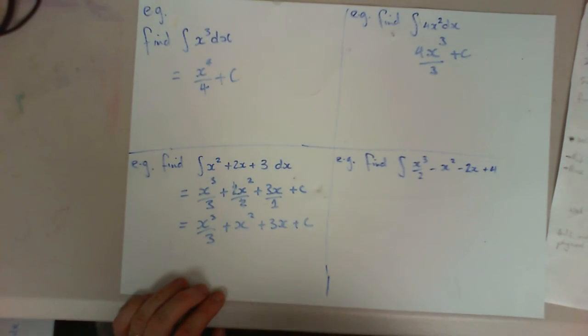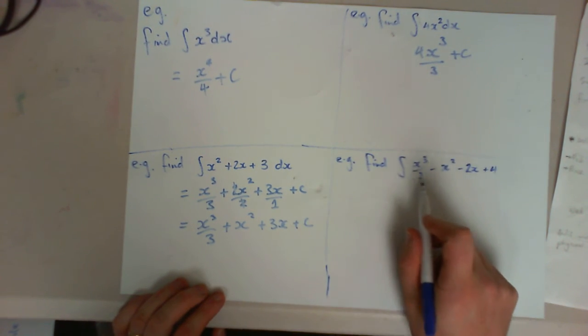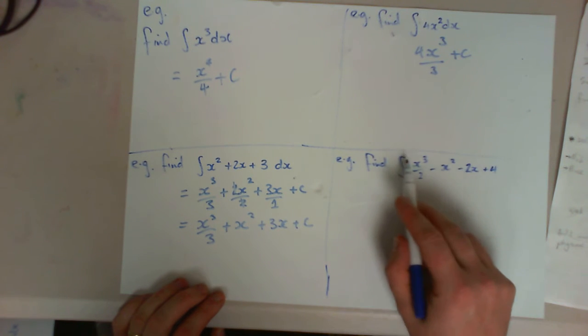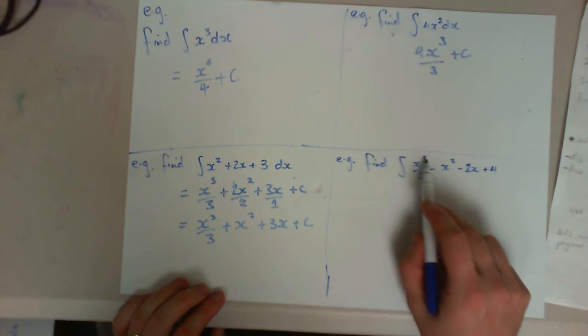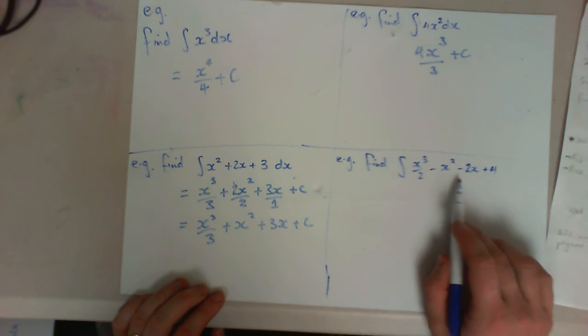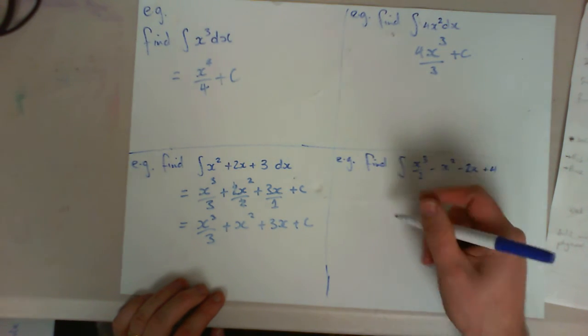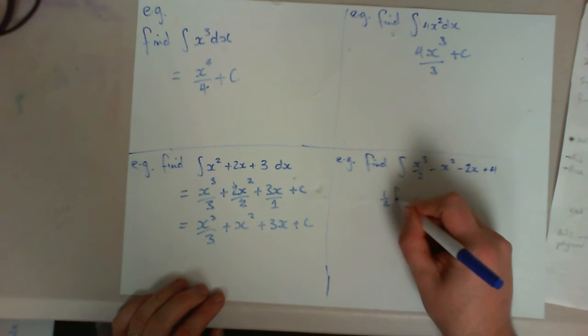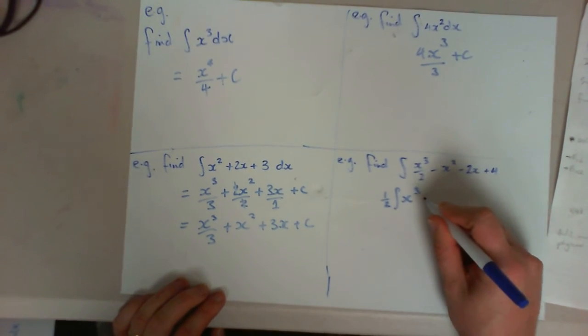Something like this might initially throw you, but you need to think, I might split this one into parts a little bit and just think about this part for a second. The rest of it isn't going to cause us any dramas, but this part might. I can think of divided by 2 as the same as timesing by a half.